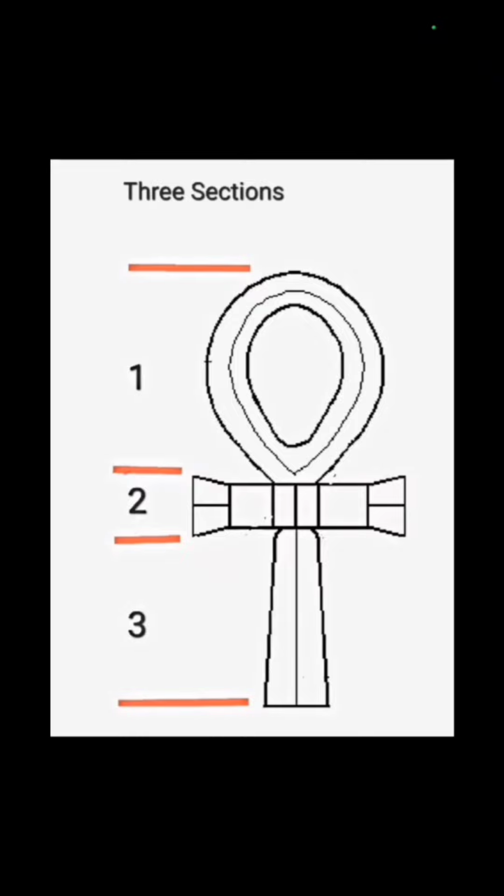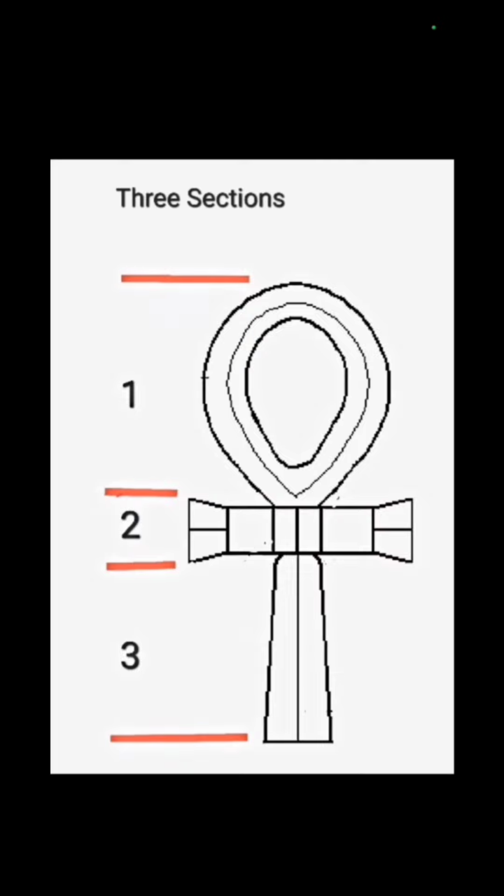Recognition of the three sections is relevant and important because it's an observation and recognition of the ma'at of the ankh form. Ma'at is conceptually the order of things in the ancient Egyptian conception, and the ma'at of the ankh form, or of the ankh symbol, is observable within the structure of the ankh.